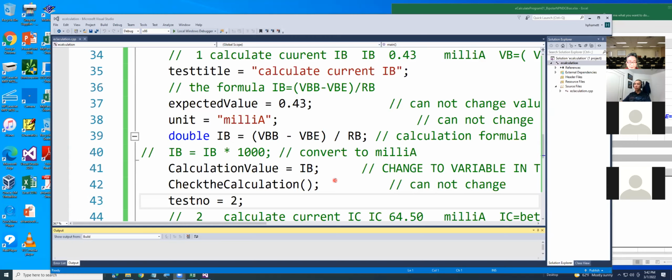Debugging is used for troubleshooting. Okay? Thank you.